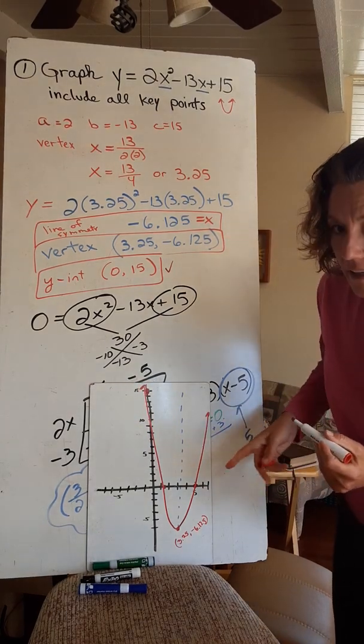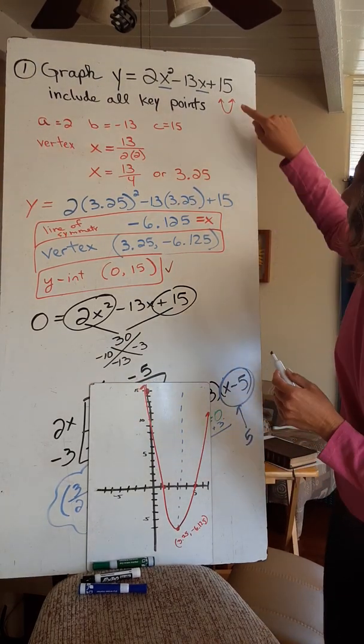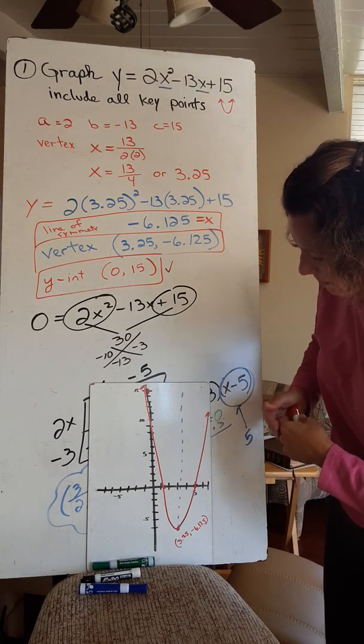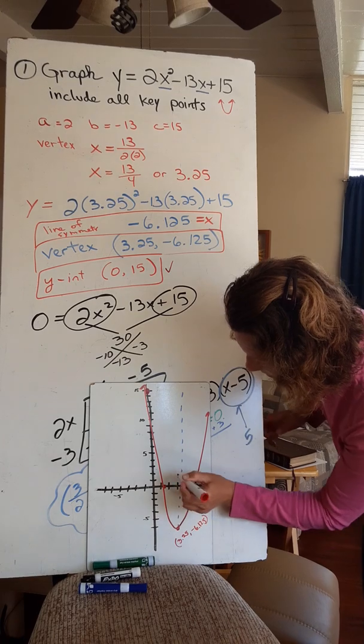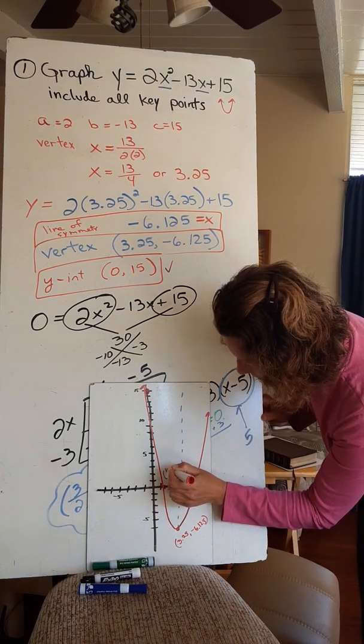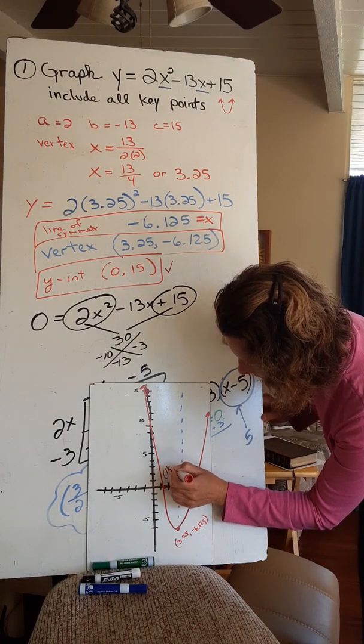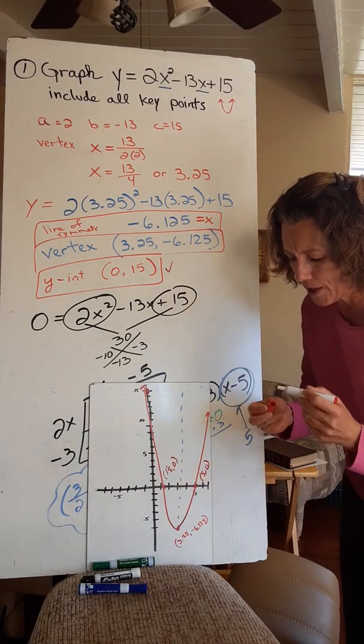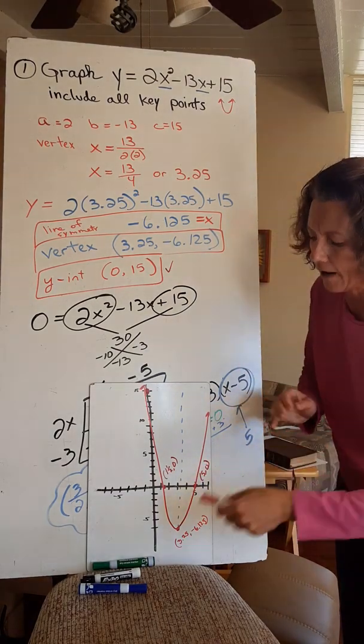And there is our parabola that we remember opened up. 15 is our y-intercept. Here are 2 x-intercepts, which I'll label 1.5, 0, 5, 0. So that is the wrap up for graphing quadratics.